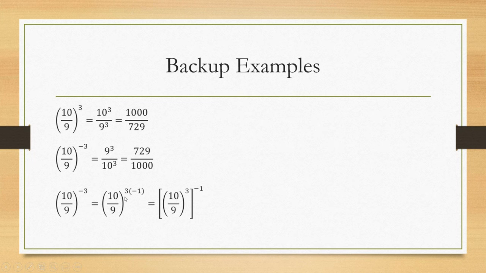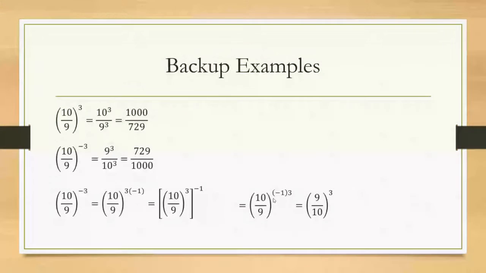And this negative 3 we know is 3 times negative 1. Then using a previous rule, when you're multiplying exponents, that's the same as raising a power to another power, like so. And then I just wrote it another way. Hopefully this helps. It's just something else I wanted to point out, so hopefully it makes sense.